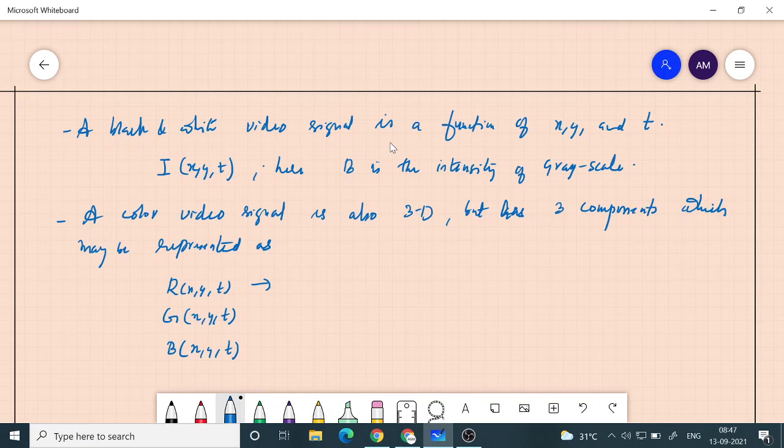So this is red intensity, so red intensity varies with the coordinates as well as time, x coordinate, y coordinate and time. So this is green intensity and this is blue intensity.